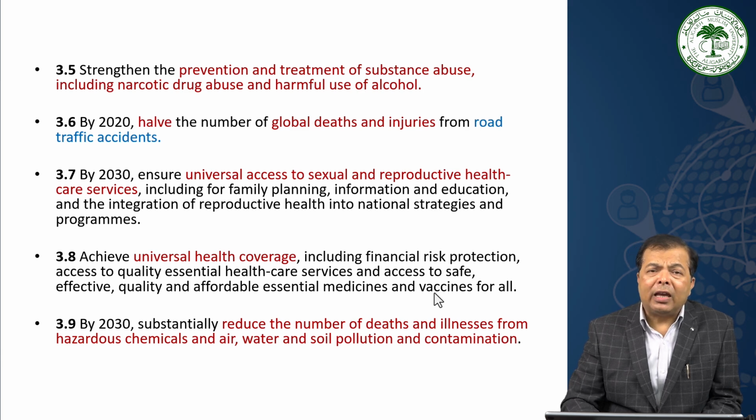Anybody who is having any kind of problem anywhere should get some kind of facility to redress that problem. That is basically what is universal access, and that will be very helpful in so many things like family planning, then integration of the reproductive health into national strategies, and then combating some of the problems which are basically related with the reproductive health issues.